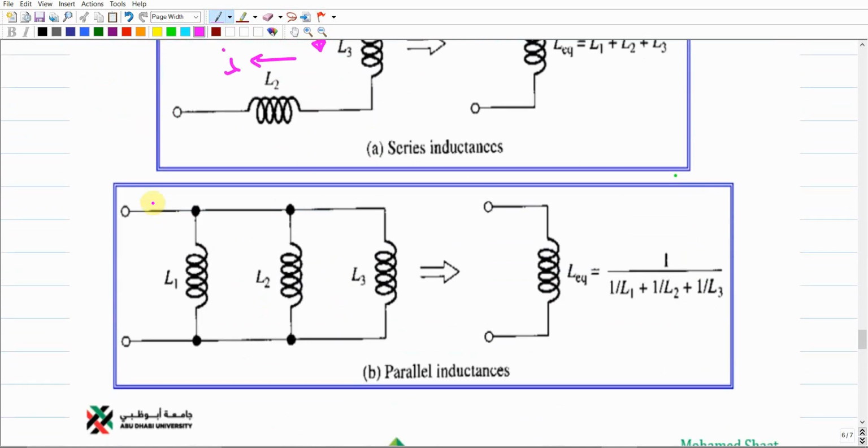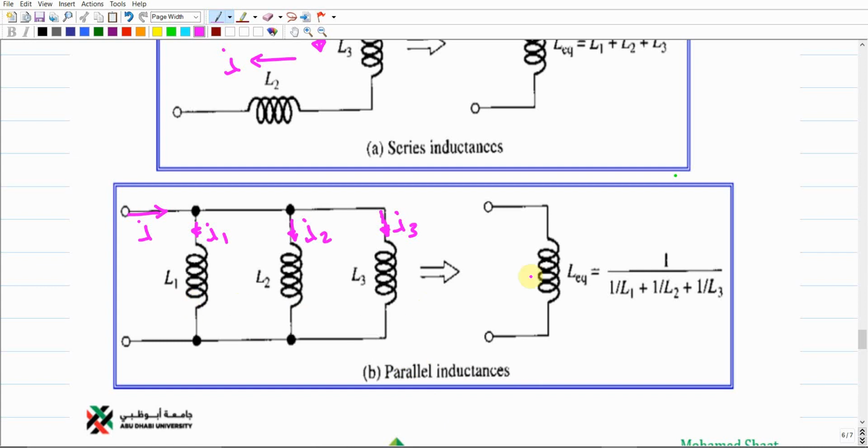How about in parallel? It is going to be like the resistors as well. If we have a current, it will be split into I1, I2, and I3, as we explained before in chapter 3 and chapter 2. Since the current is split over them, it means they are arranged in parallel.